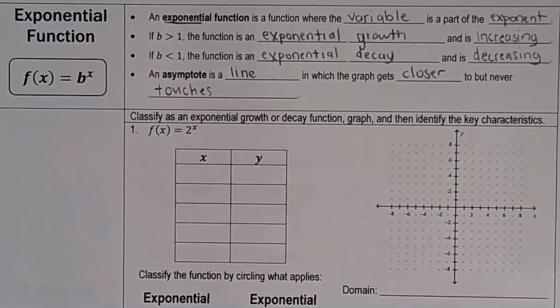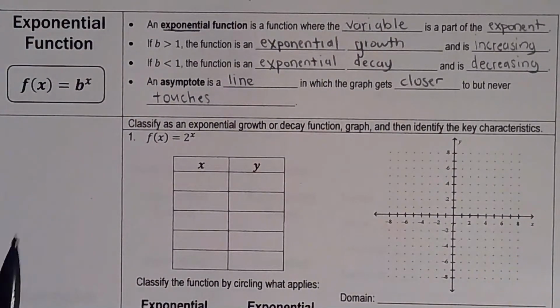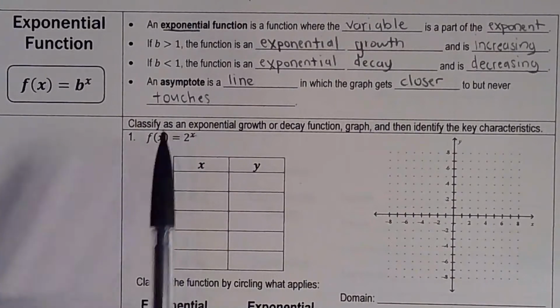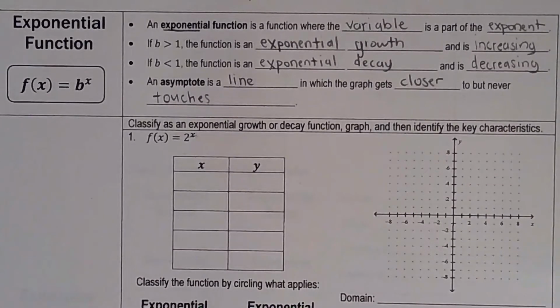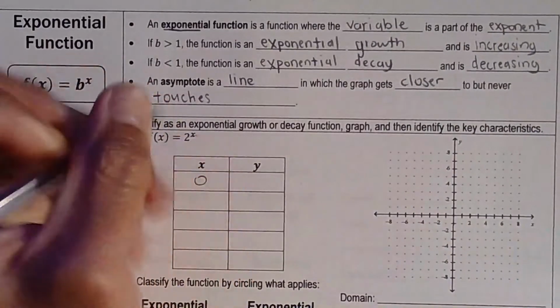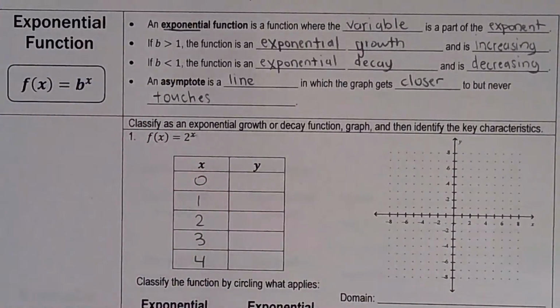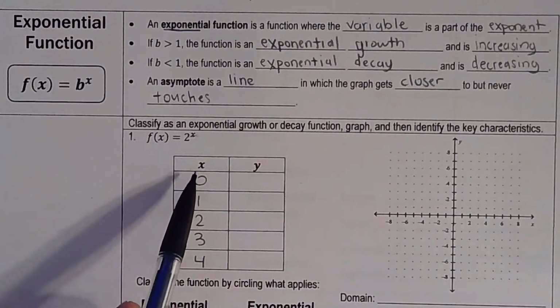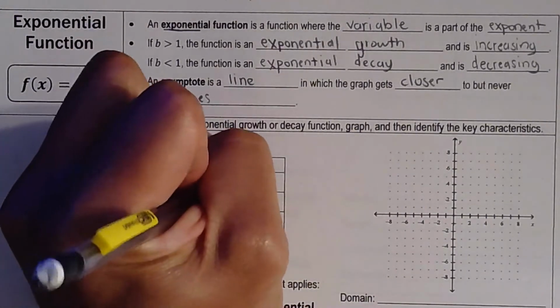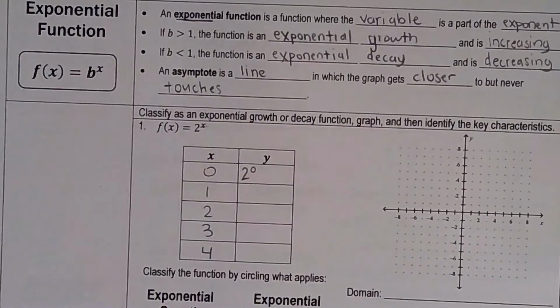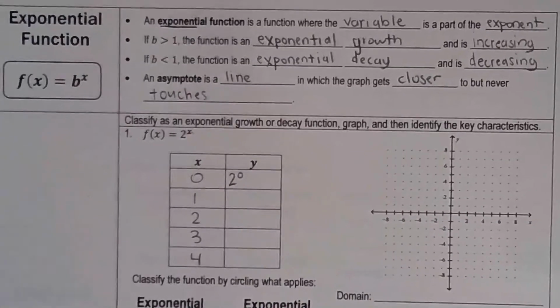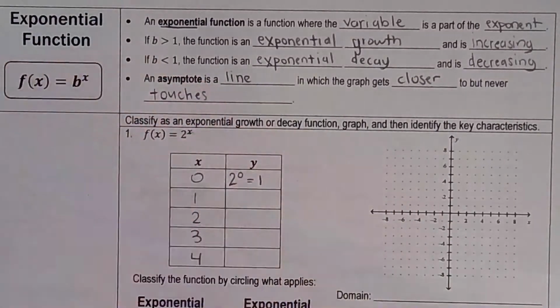We have this exponential function. It's an exponential function because our variable is located in the exponent. Let's use the numbers 0, 1, 2, 3, 4 for x. With 0, we plug 0 into our x, and anything to the 0 power is just 1.